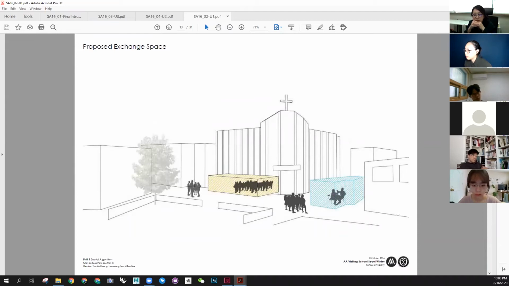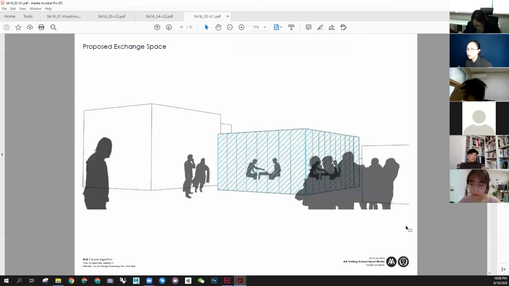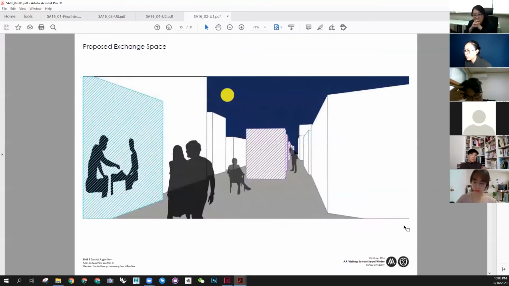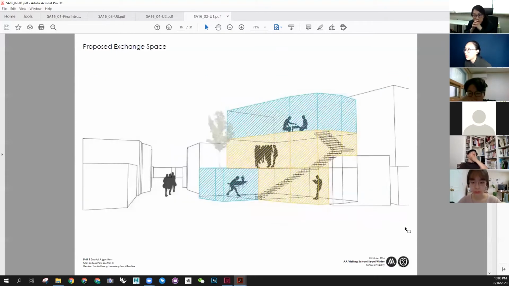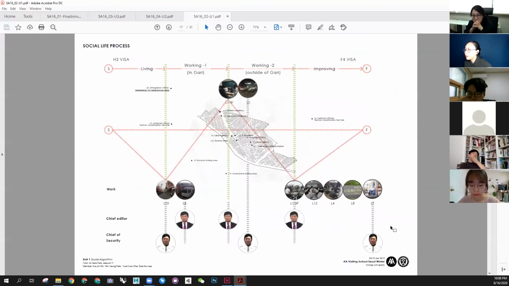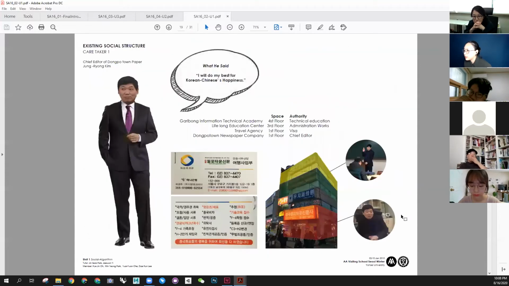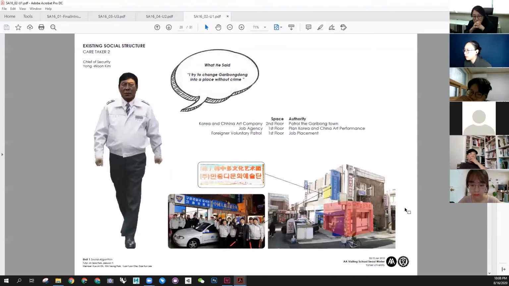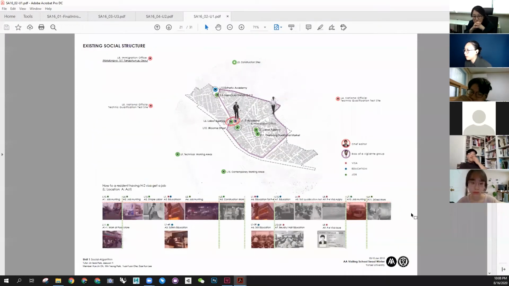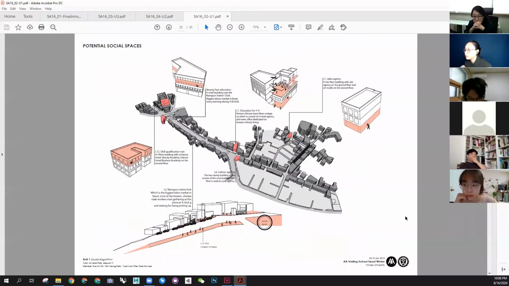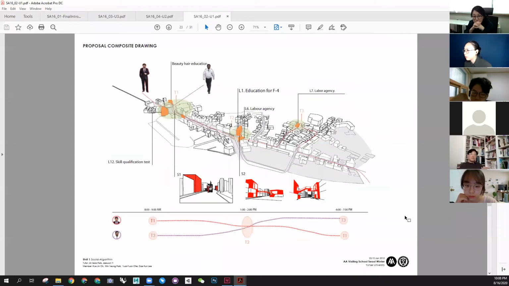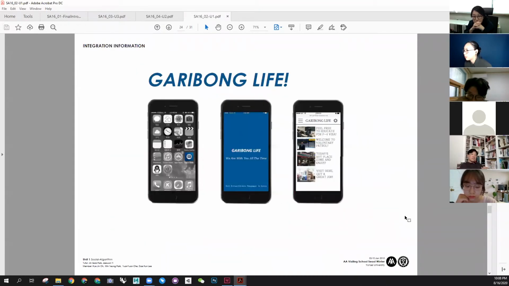And here also proposing certain physical outcomes, or a proposal to illustrate how their research can become a more tangible application or proposal. So I think this year this unit made quite some effort to have more tangible output, especially physical changes or programs.